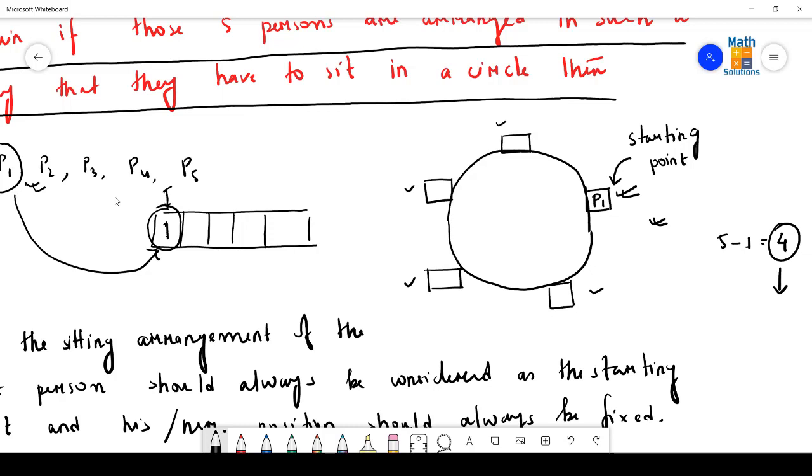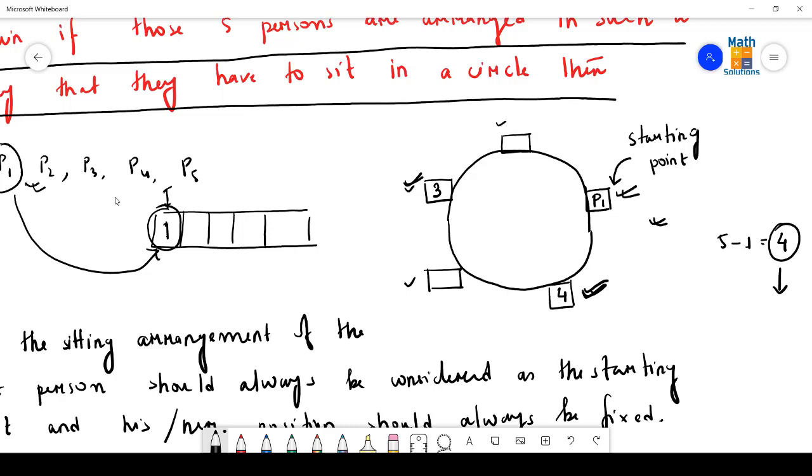Suppose this place is to be filled in. How many options are left in my hand to fill in this place? There are 4 options left. Then suppose I want to fill up this place. After filling up the previous position, how many options are left in my hand? There are 3 options, meaning 3 persons were left.